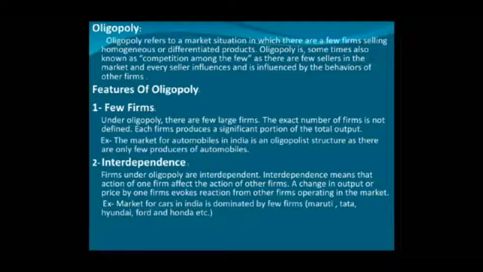For example, market of cars in India is dominated by few firms: Maruti, Tata, Hyundai, Ford, Honda, etc. A change by one firm, say Tata in one of its vehicles, say Indica, will induce other firms, Maruti, Hyundai, etc. to make changes in their respective vehicles.